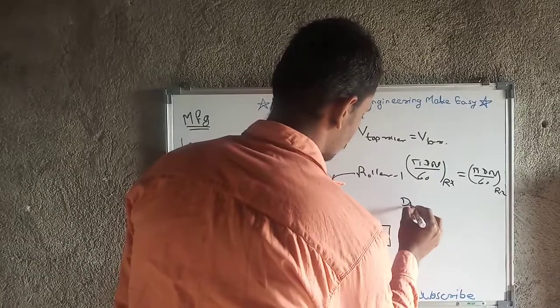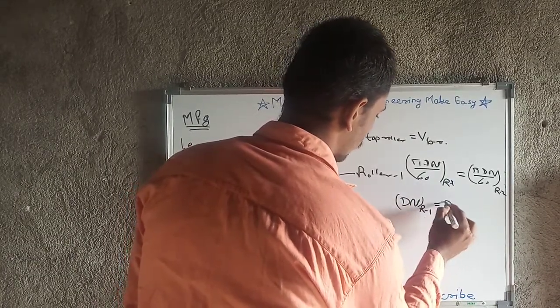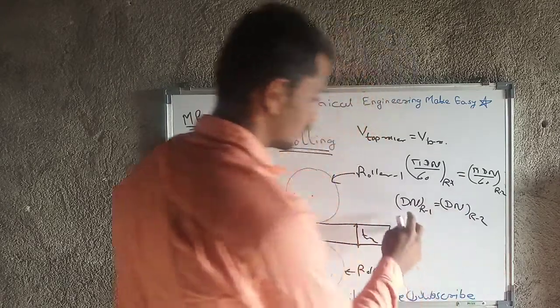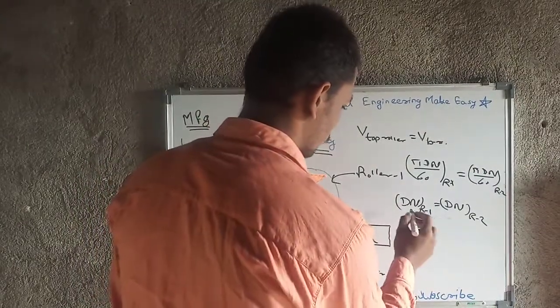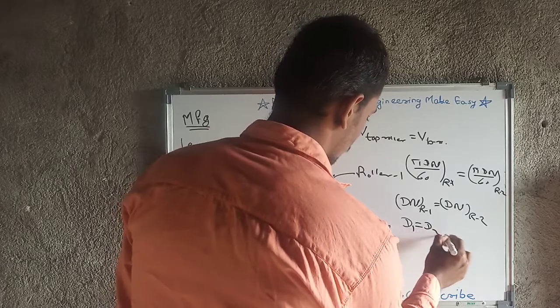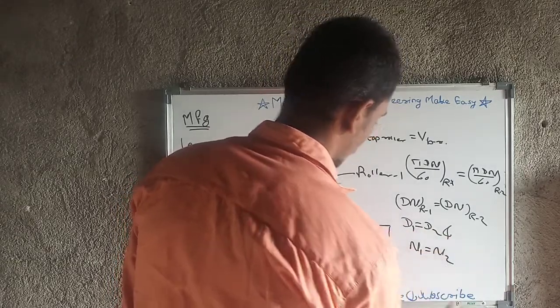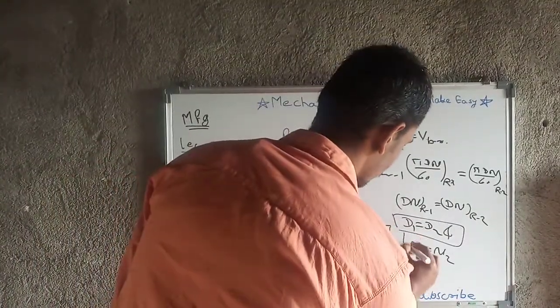So dn of roller 1 should equal dn of roller 2. This is the diameter of the roller and this is the rpm of the roller. So from this equation we get d1 equal to d2 and n1 equal to n2.